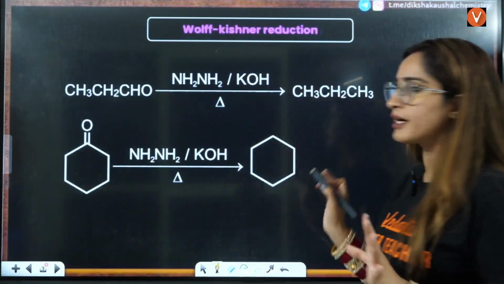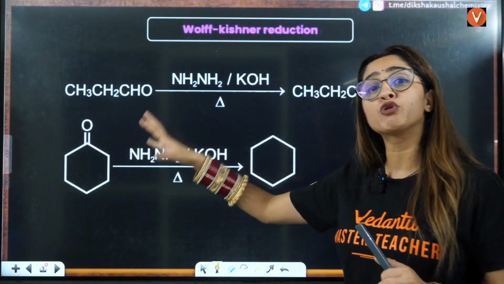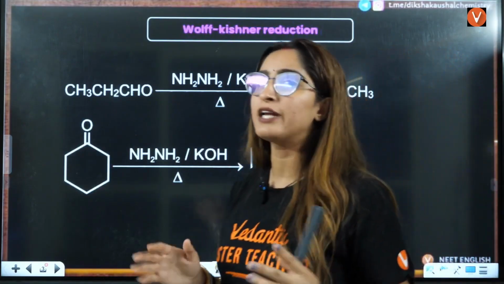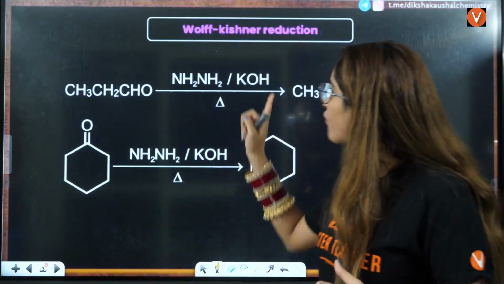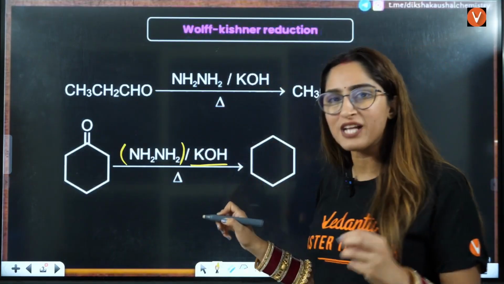In Wolff-Kishner reduction, we have a C=O double bond and we are going to reduce it into two hydrogens. And this is done in two ways. One is basic condition, which is Wolff-Kishner reduction, where you use hydrazine in presence of KOH and heat.